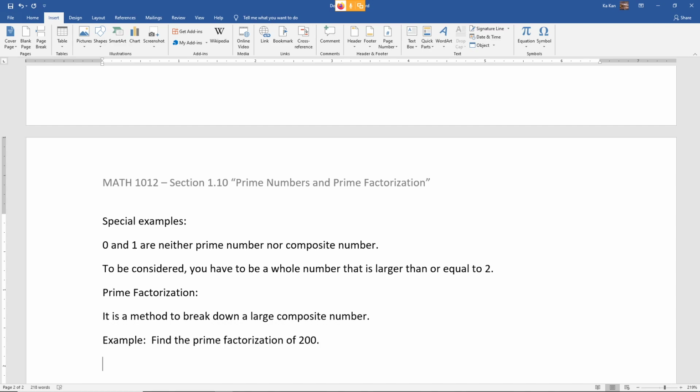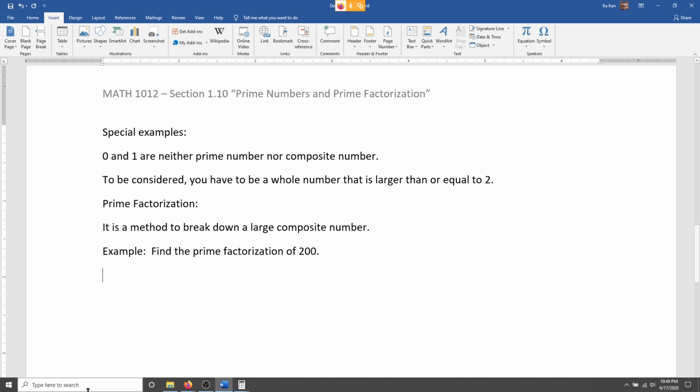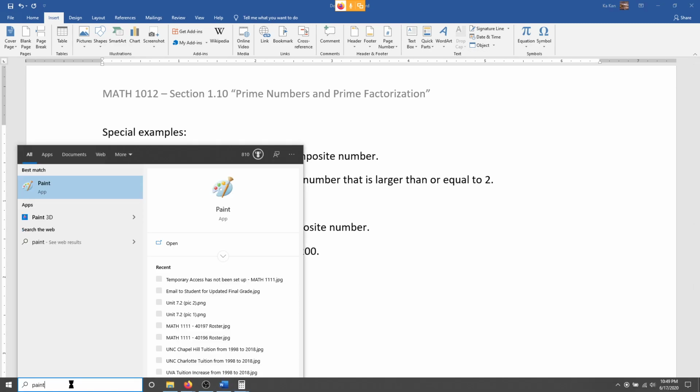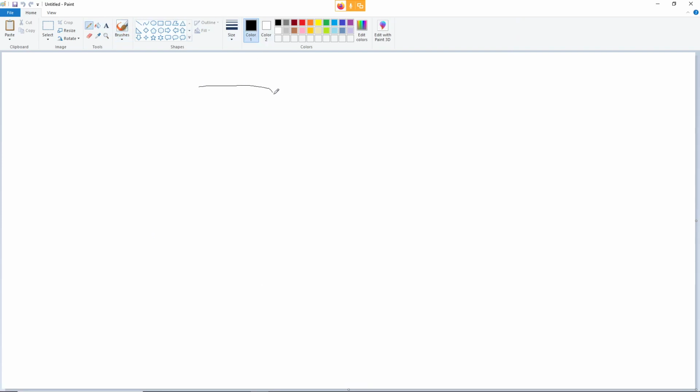So 200, we know that, and I'm going to switch over to the paint function that we have. Sorry, I cannot draw. I'm using a mouse here, so that's a little bit tough. You know what? I forgot I can do a text box.